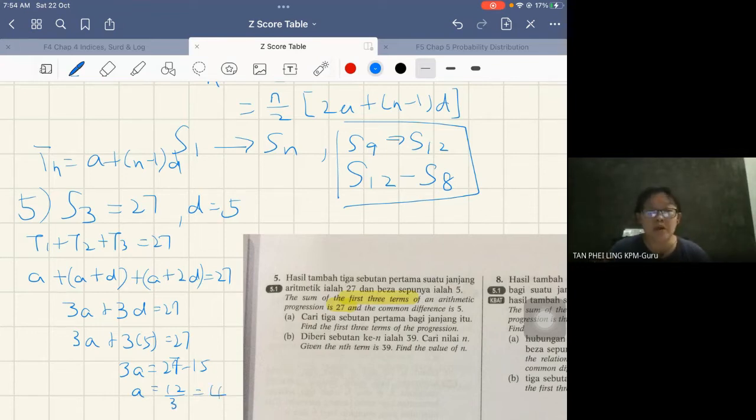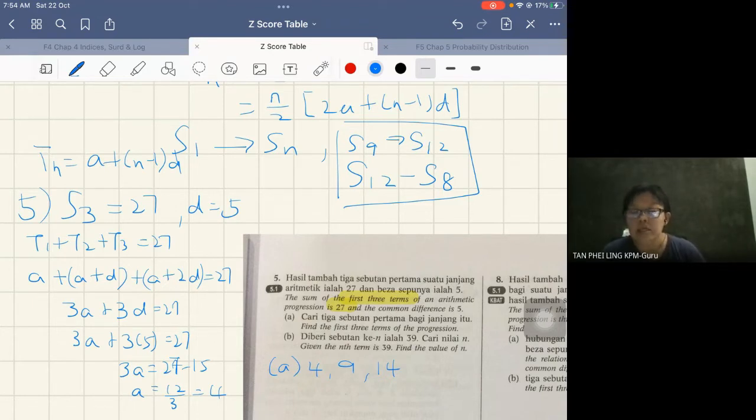So now I know my first term is 4. The next one will be 4 plus 5, which is 9, and then the last term will be 9 plus 5, which is 14. Is that okay? So this is an easier way.